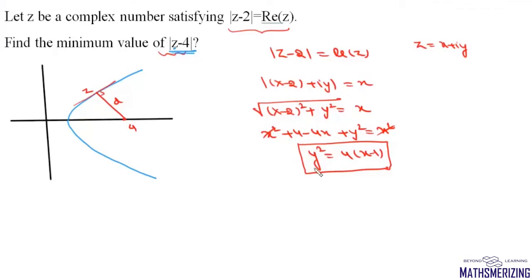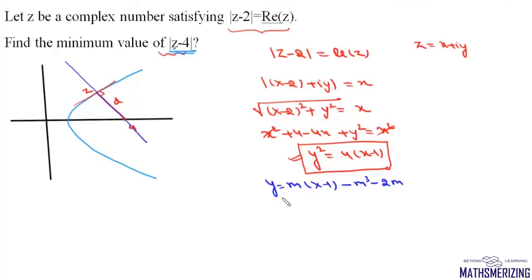So what we'll do is, for this parabola, we'll write the equation of the normal. So for this parabola, the equation of the normal will be y equals m, and in place of x, we'll write x minus 1 minus am cube. A in this case is 1. So it'll be y equals m(x minus 1) minus m cube minus 2m. We need that normal which passes through this point (4, 0).